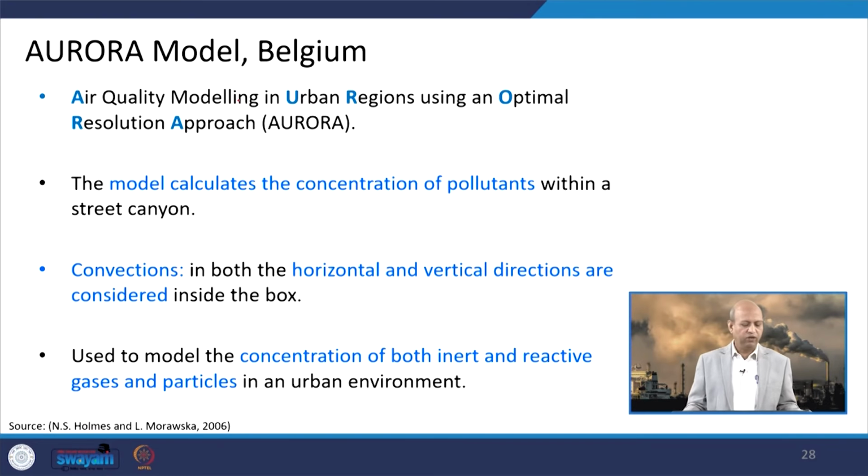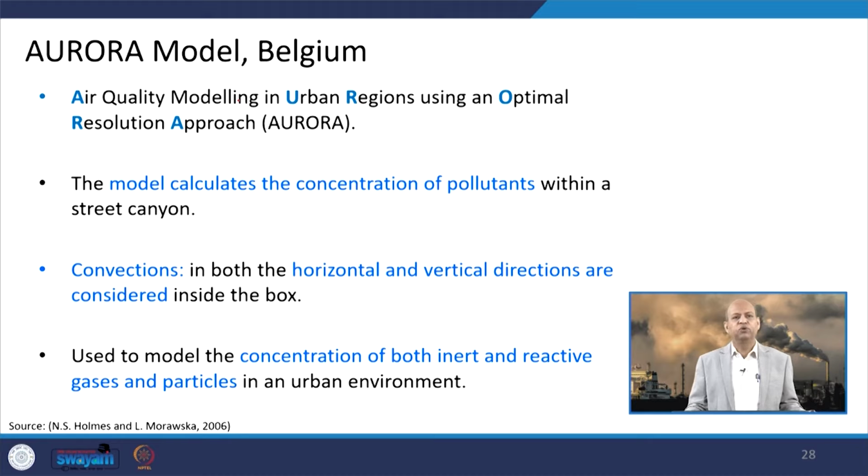Okay. Now, let us go through brief information of these models, like the AURORA model, which was developed in Belgium. This is nothing but Air quality modeling in Urban Regions using an Optimal Resolution Approach, so in short it is known as AURORA.